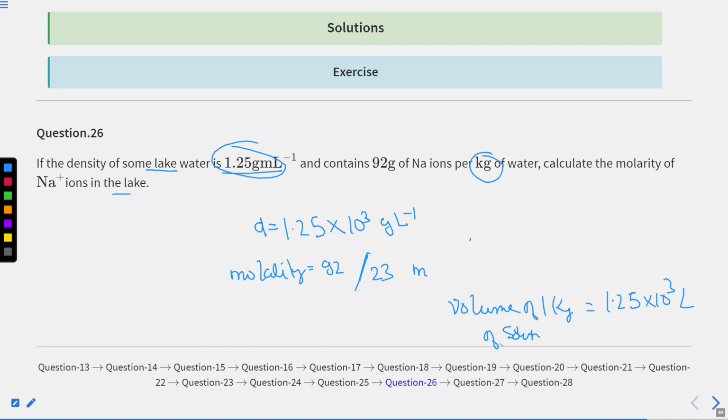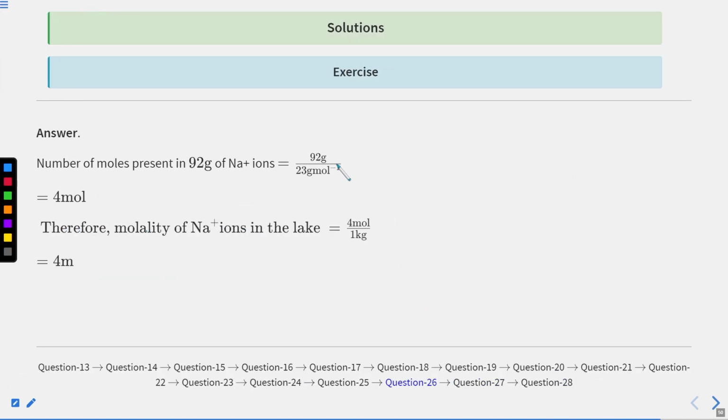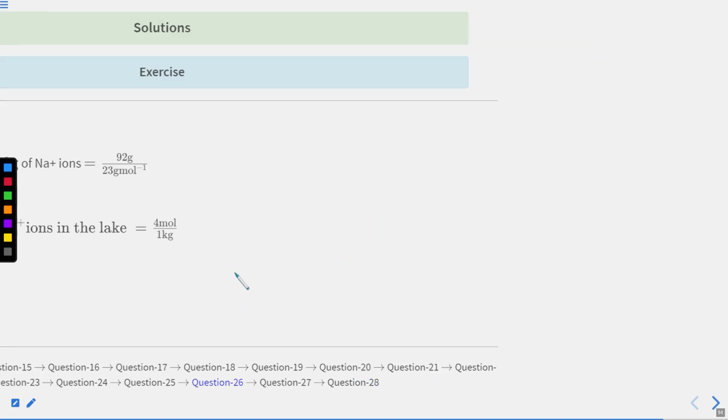This is the volume. What is the number of moles? Number of moles in that 1 kg is 92 by 23. So molarity is easy to calculate. It will be 92 by 23 divided by 1.25 into 10 to the power 3. Calculate this, you will get your answer. So first the number of moles, and hence the molarity.